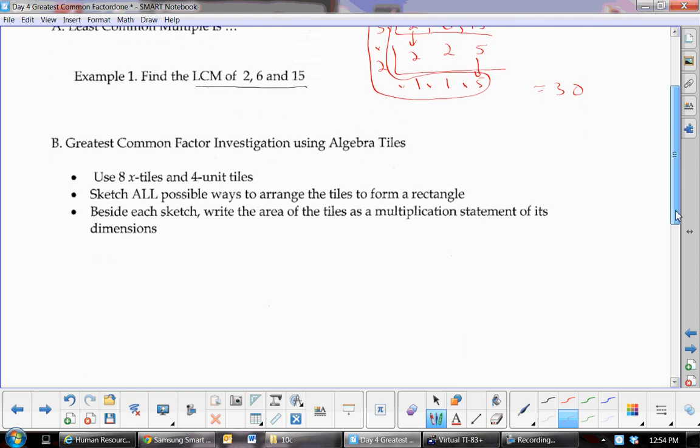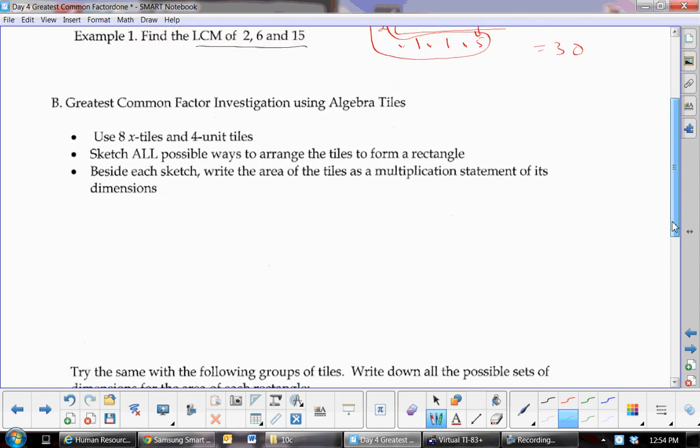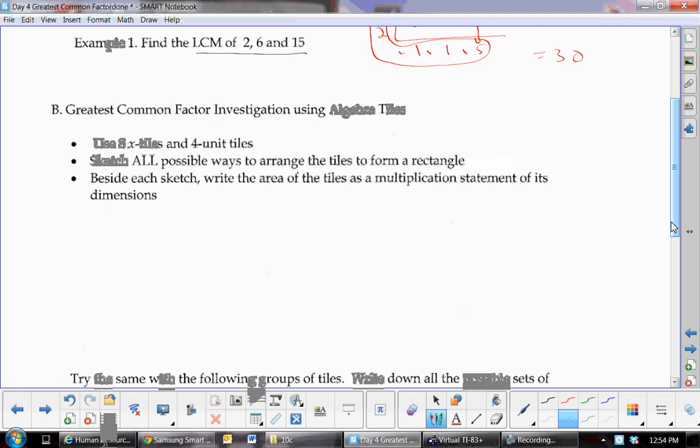Okay, now doing it with algebra tiles. Greatest common factor. Now, greatest common factor and algebra tiles, they do kind of make sense. And some students in the other class said, so if it's like GCF, does it make something closer to a square? And it was a good observation. Okay?